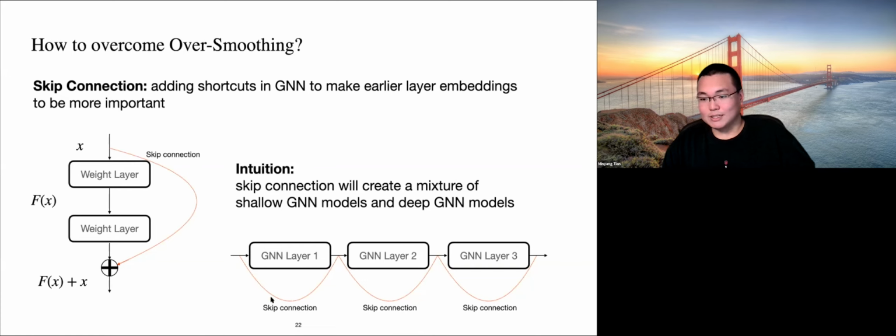The skip connection does not have to be just one layer. It can be three layers or two layers, whatever you want. I will say try it first, because subgraphs will have some structure, so you may have to reorganize the structure.